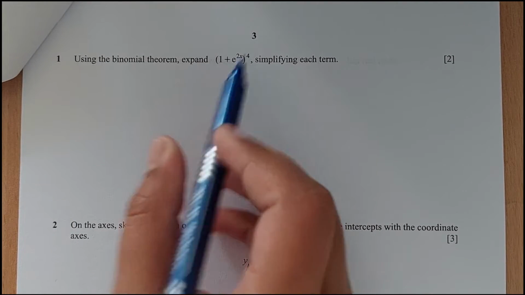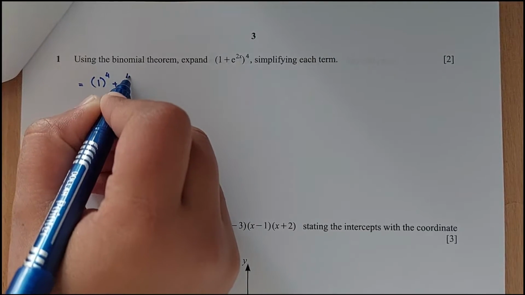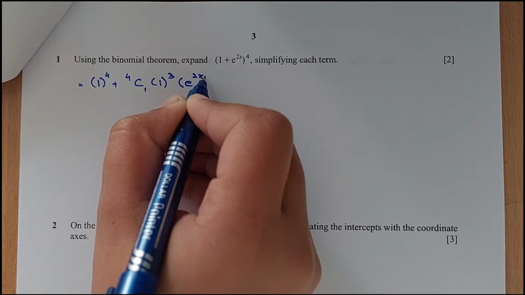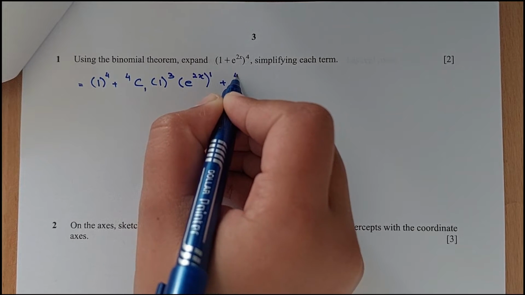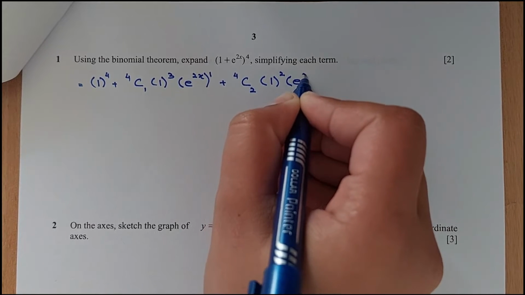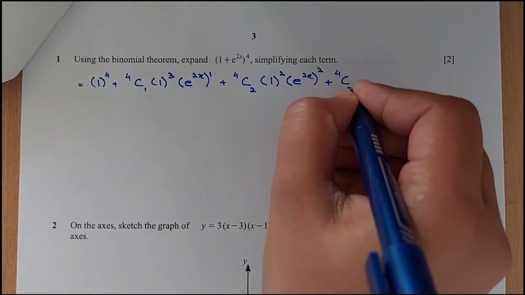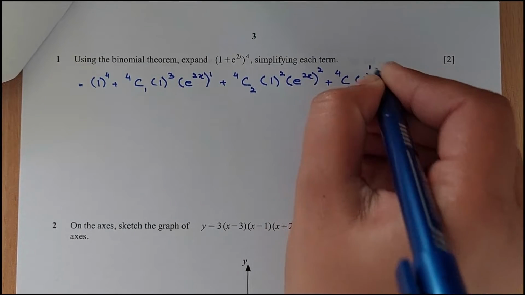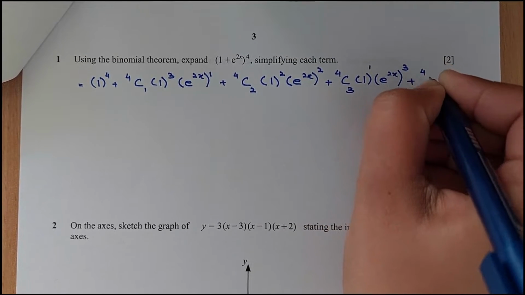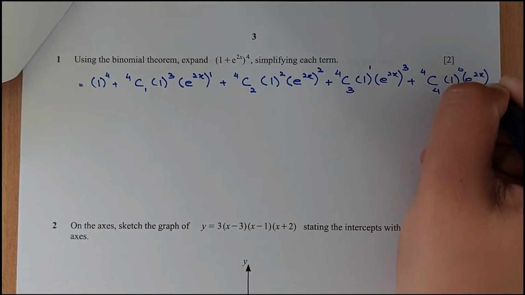So the power is 4, so we can say that this is 1^4 plus 4C1 1^3, the second term (e^(2x))^1, plus 4C2, the power of 1 is again reducing by 1, that is 2, and the power of e^(2x) is increasing by 1, that is 2, plus 4C3, the power of 1 is 1 and the power of e^(2x) is 3, plus 4C4, the power of 1 is 0 and the power of e^(2x) is 4.